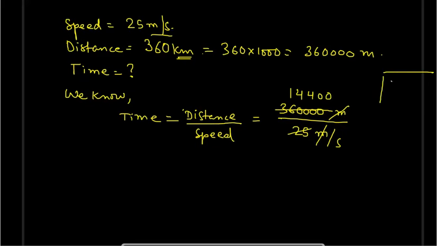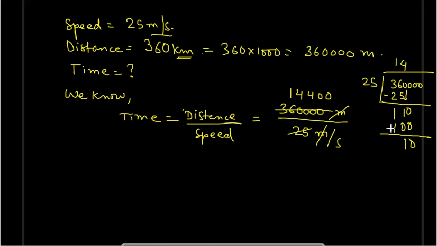Just divide 360,000 with 25. Okay, so the first one will be 25. So 6 minus 5 is 1, 3 minus 2 is 1. Then 1 0 comes down like this, and then you go ahead with it. Okay, 25 fours are 100.